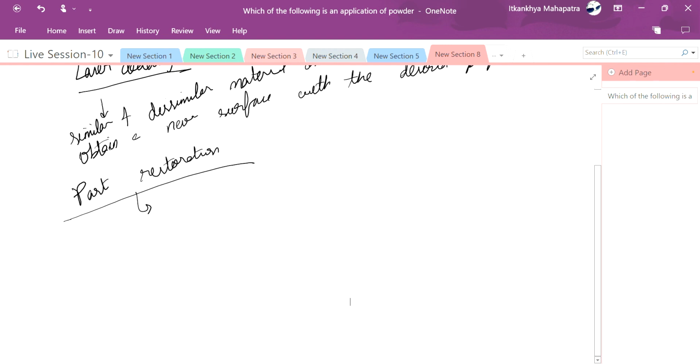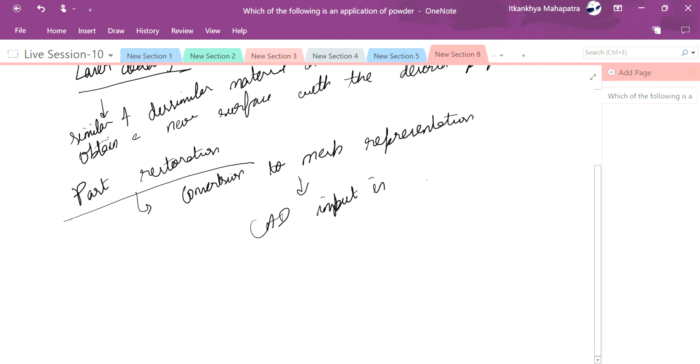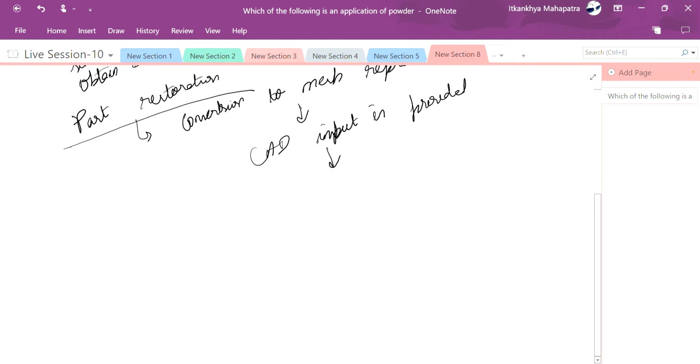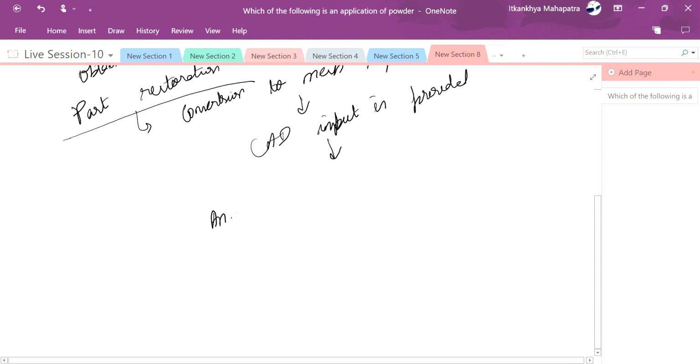So first is conversion to mesh representation, then CAD input is provided, then it is analyzed for extracting the repair volume and restoration and toolpath planning.